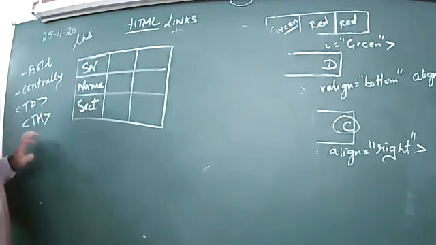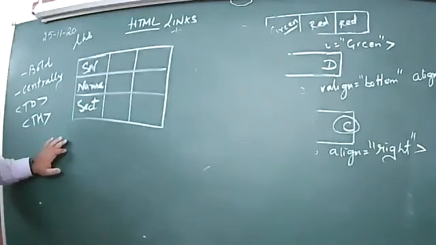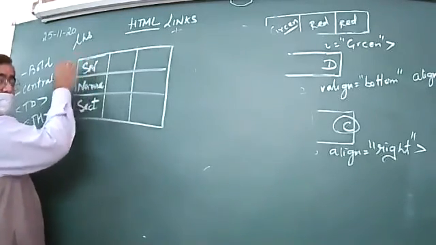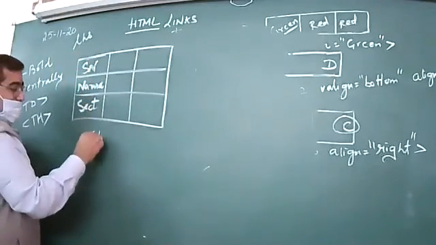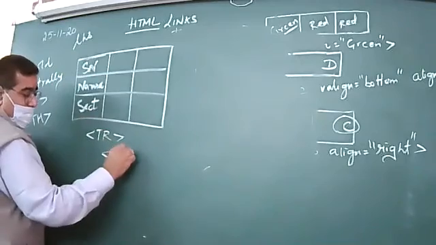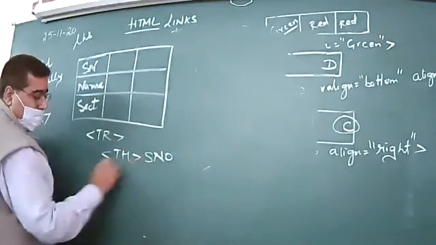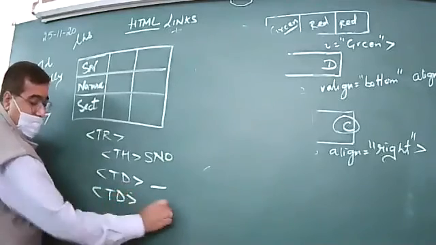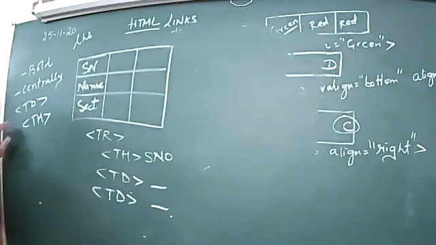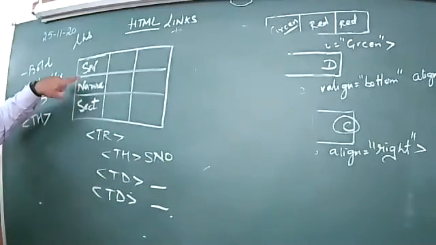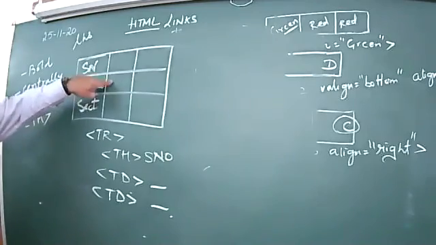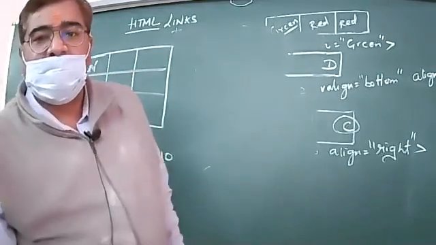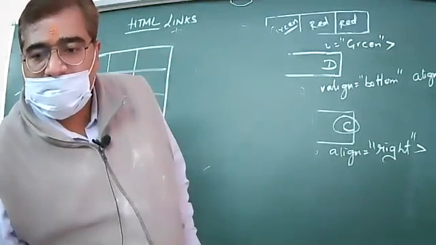Right? Now in this particular row, only the first cell will be in TH. The rest of the cells will be in TD. The cell which is having the header column, only that will be in TH, rest will be in TD. Am I clear with all the points?